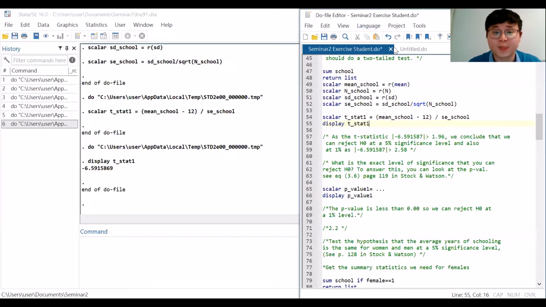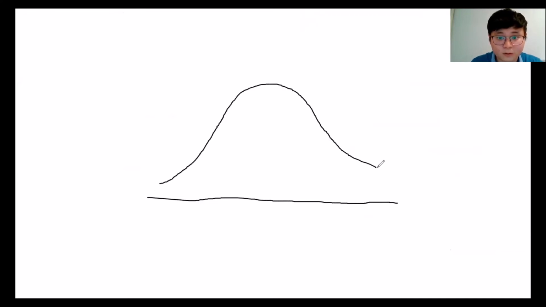If I explain it by using the whiteboard, I think it will be clearer. So if this is a normal distribution, sorry for my bad drawing, and this is the two-tailed test.